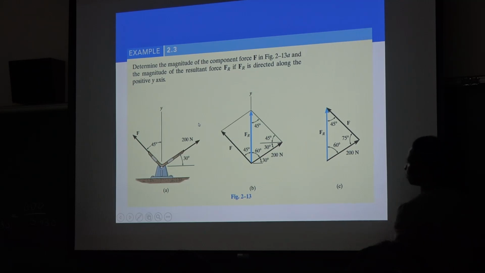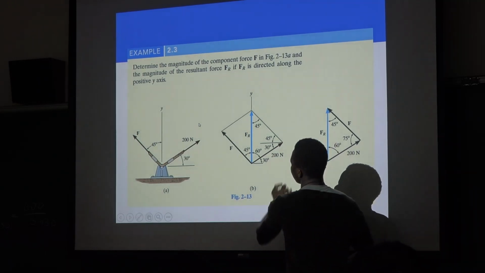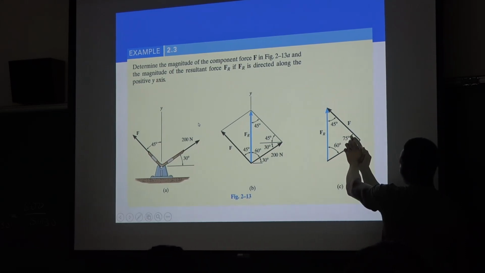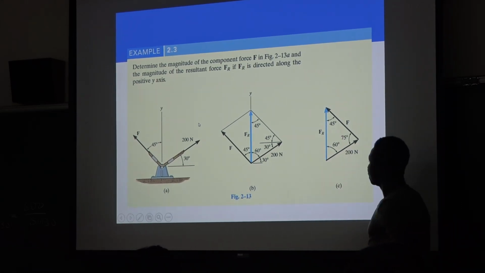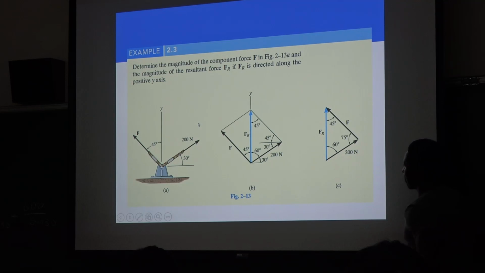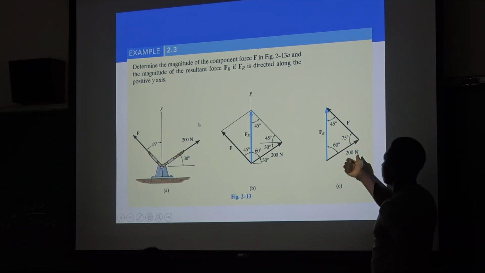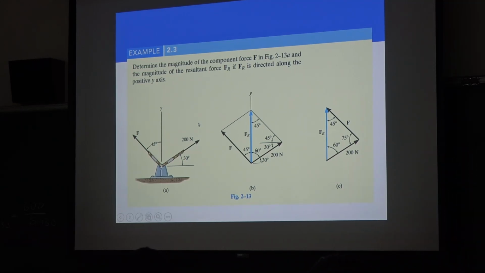Okay? So this component is 200. We get this. We know this angle, we know this, and we know this. So what do we need to do? Okay, so let's see.